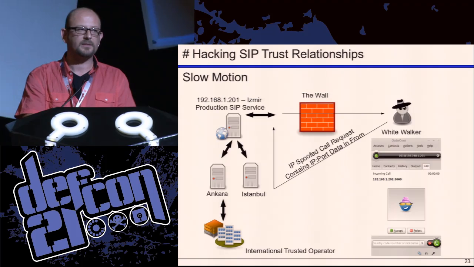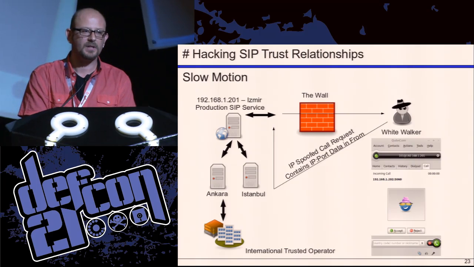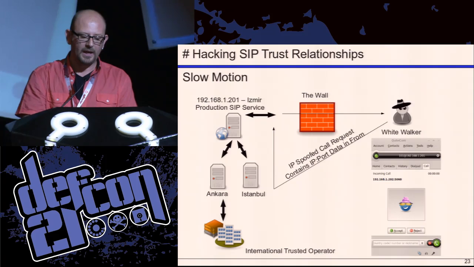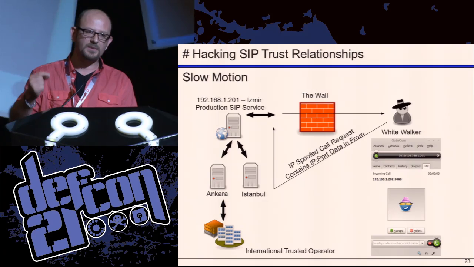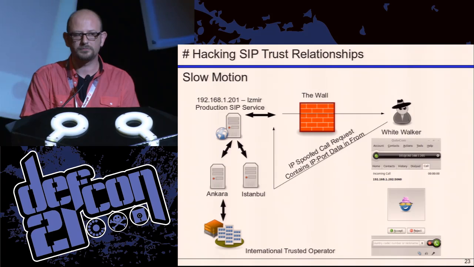He will initiate IP spoofed packets from this field, just like sending from Istanbul or Ankara. And when we have a call, we will see the IP address and port. That means Izmir trusts Istanbul's IP address and port.